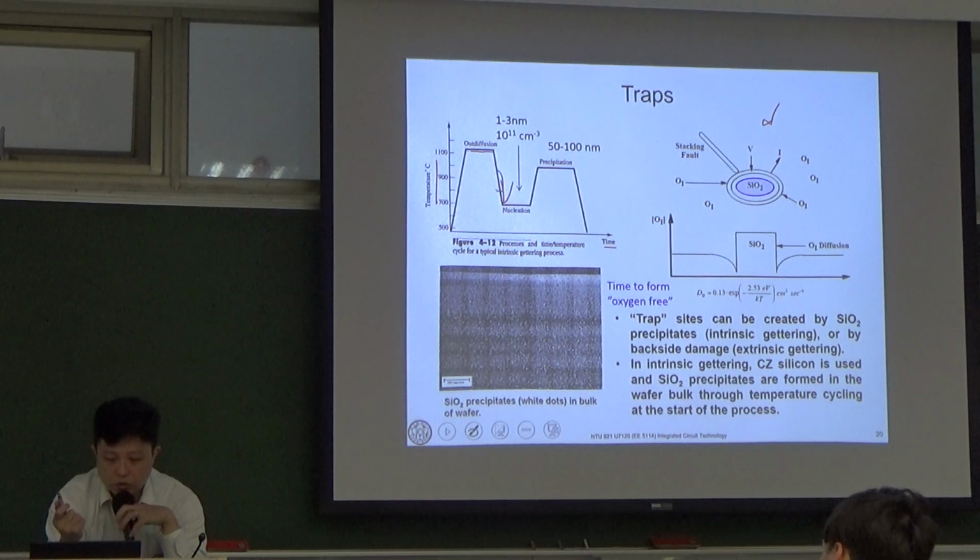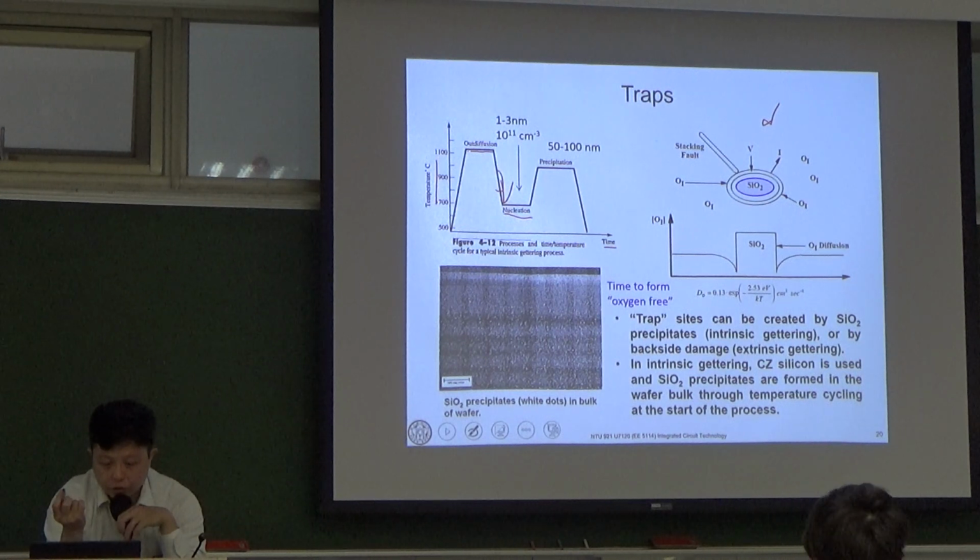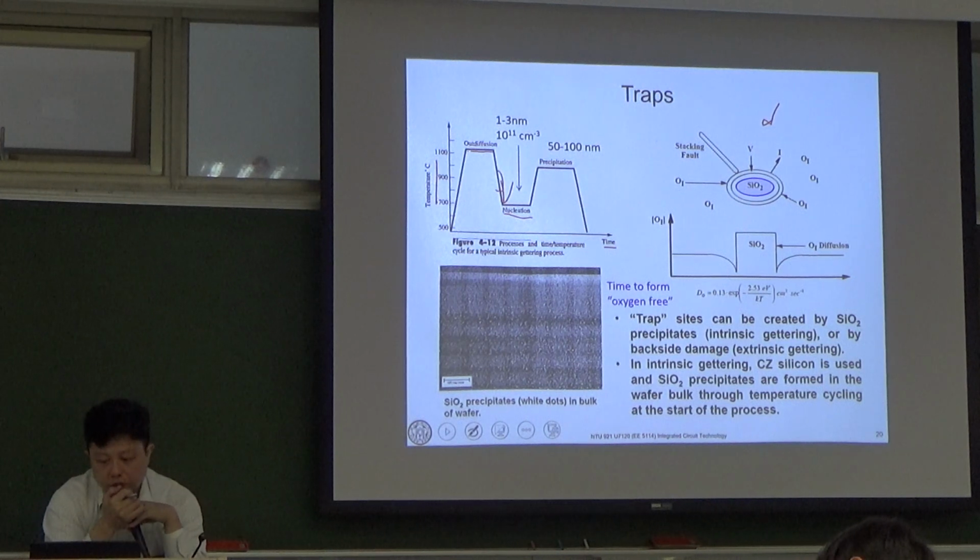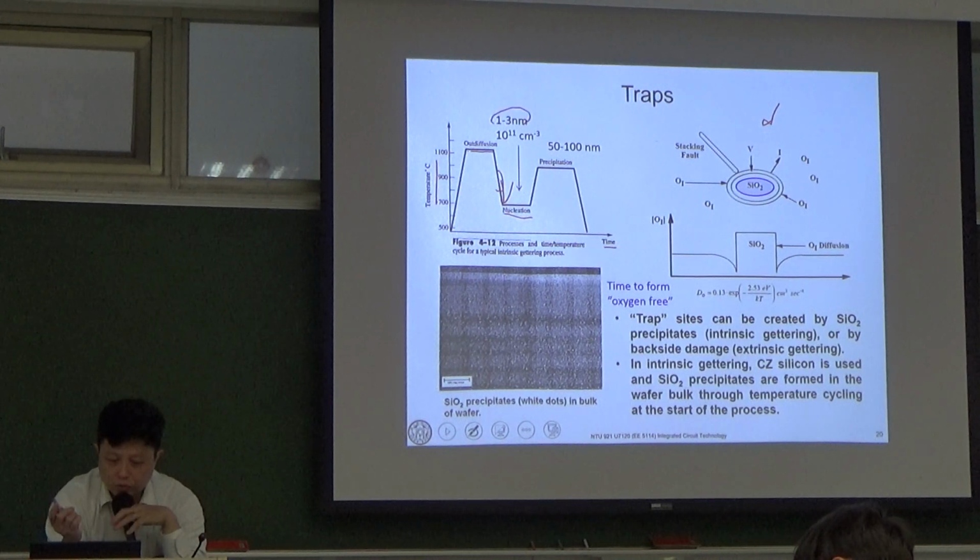In this case, we try to form very small traps. We call it nucleation. This is a nucleation time, when we create an embryo, and then we begin to grow. So this size is 1 to 3 microns, and we have these concentration numbers.